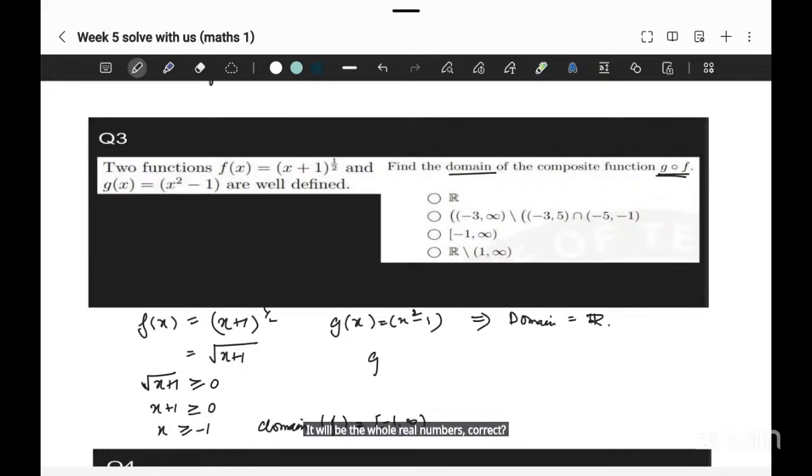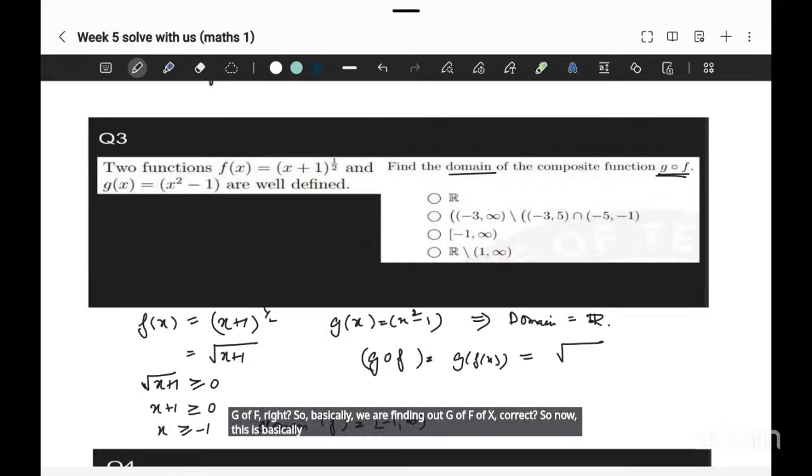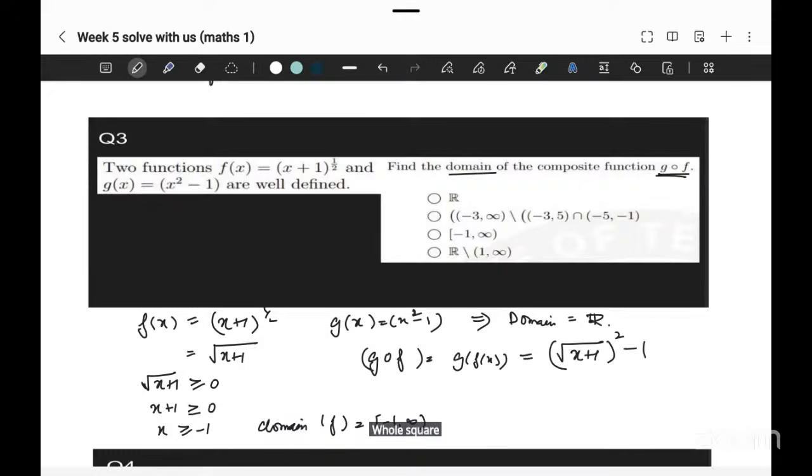Now what is g of f? Basically we are finding g of f of x. So this is under root of x plus 1, whole square, minus 1. In this case, this is actually coming out to be x.